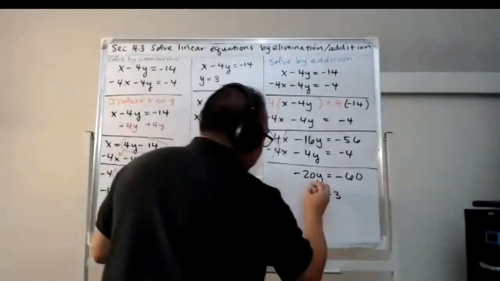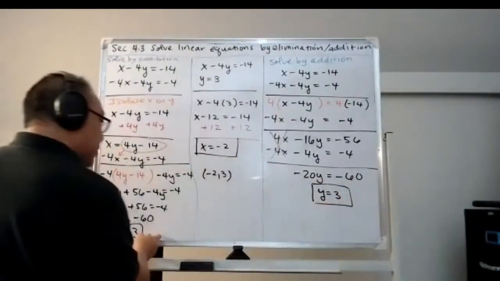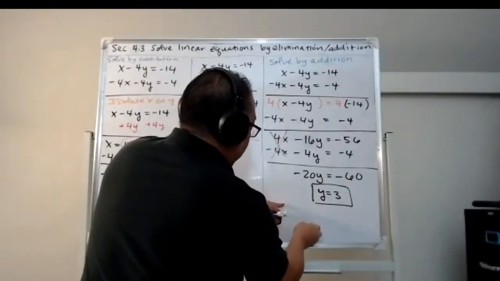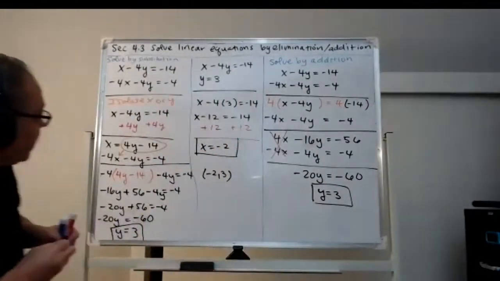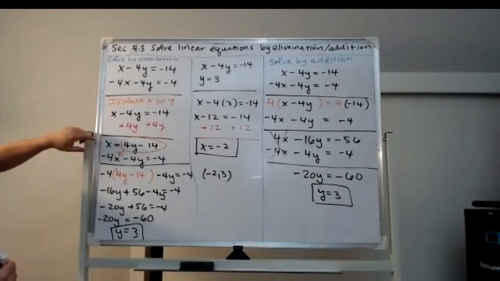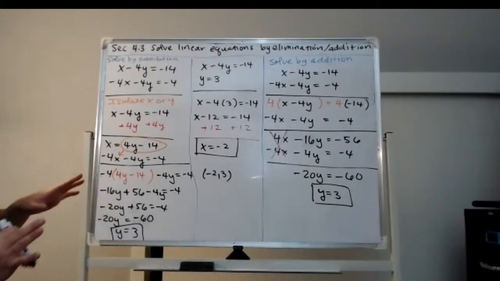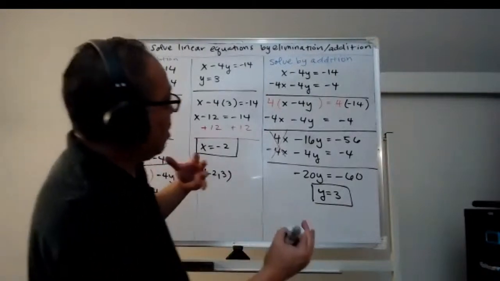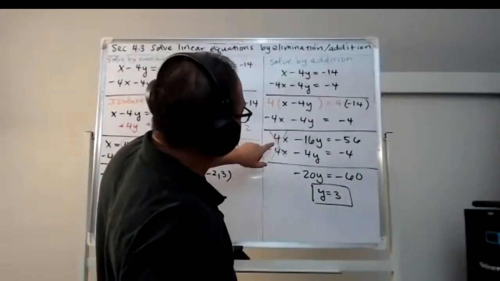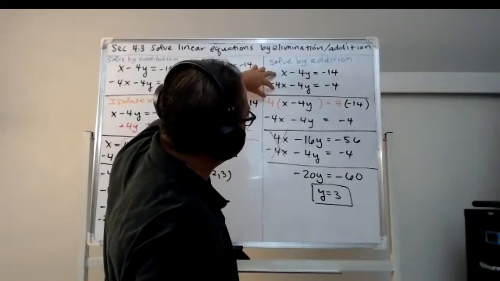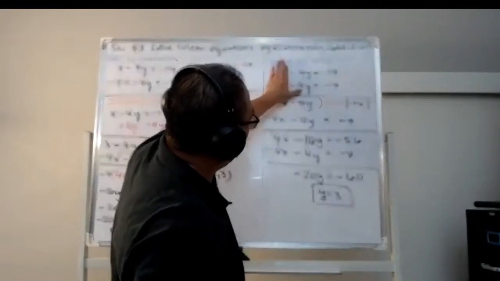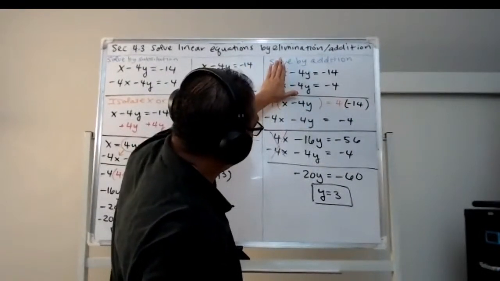Okay, so let's talk about this. Over here we have y equal to 3. Over here we have y equal to 3. Over here I did a substitution so I can get rid of my x's. Now over here I have the option. What I want to do is add a column so that one of the variables will disappear.